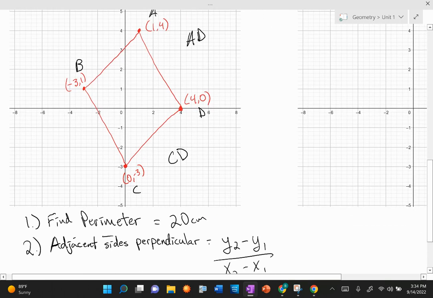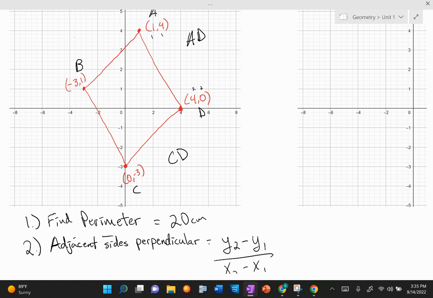What opposite reciprocal means is, let's just pump these out real quick. So let's use the A to D and C to D. Okay, so we've got an XY on A and D. I'm going to make D my X2 and Y2, and A my X1 and Y1.